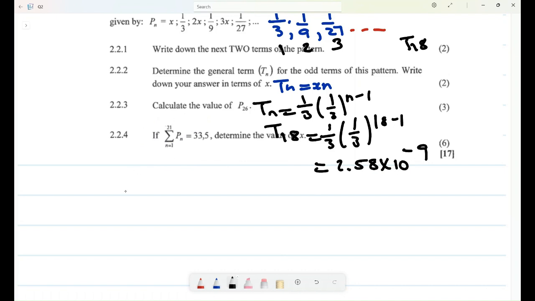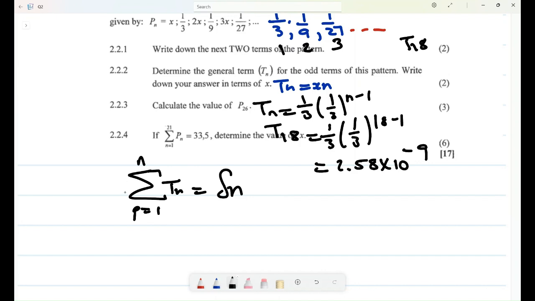So now let's see, we are given. I like to tell my students that sigma of whatever thing is equal to Sn. Sigma is equal to Sn.